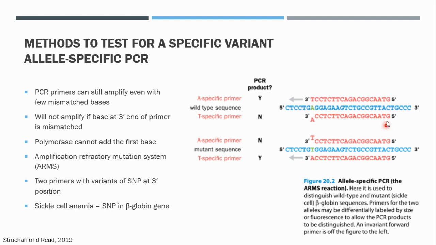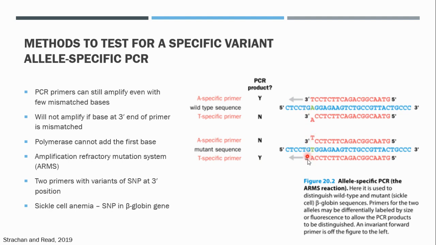This example looks at sickle cell anemia, which results from a single nucleotide polymorphism in the beta globin gene. Here we have a beta globin gene shown. Patients with the wild type sequence have the A, and patients with sickle cell anemia have the T.